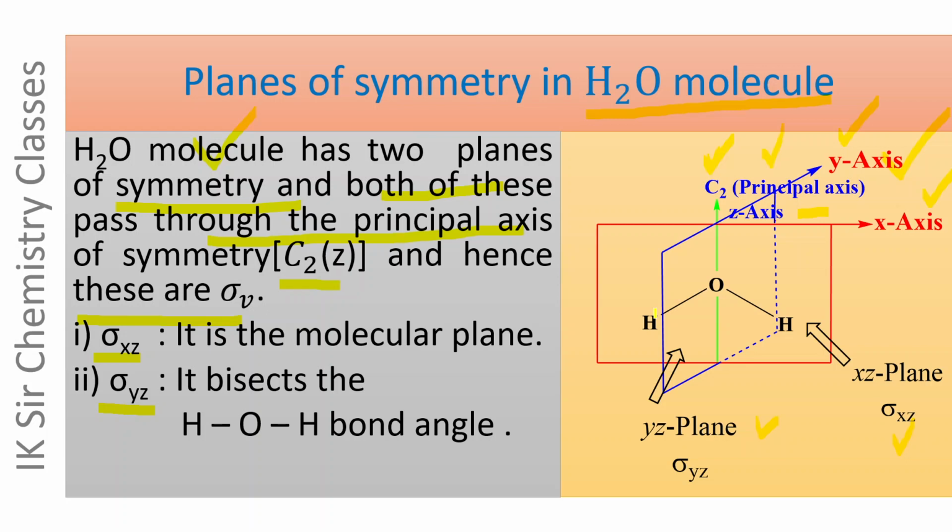This YZ plane bisects H2O molecule into two equal halves, which are just mirror images of each other as shown in the earlier slide, and therefore it is denoted by sigma YZ. Please note that these two planes of symmetry, sigma YZ and sigma XZ, contain the principal axis, that is Z axis, and therefore these planes of symmetry are nothing but sigma V.